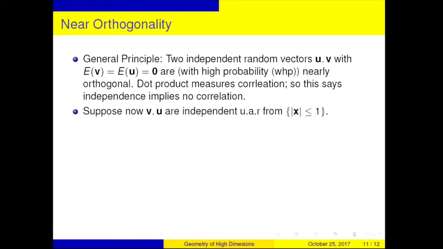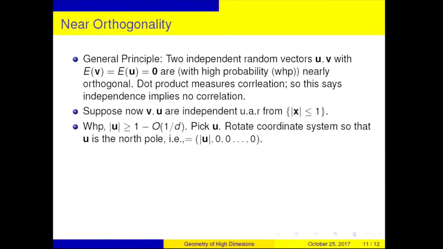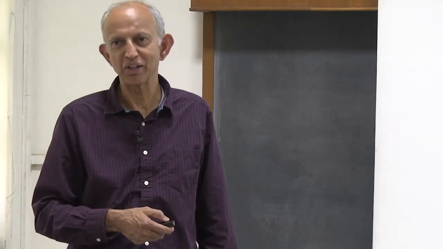The way to see that for two vectors, and I'm going to do it for multiple vectors in a minute: if u and v are independent, uniform at random from the unit sphere, we'll see that their dot product is very small compared to the lengths. First, the length is big, right? With high probability, the length of u is this big. So that's clear, right? Why is that? I mean, what result implies that? Just a sanity check.